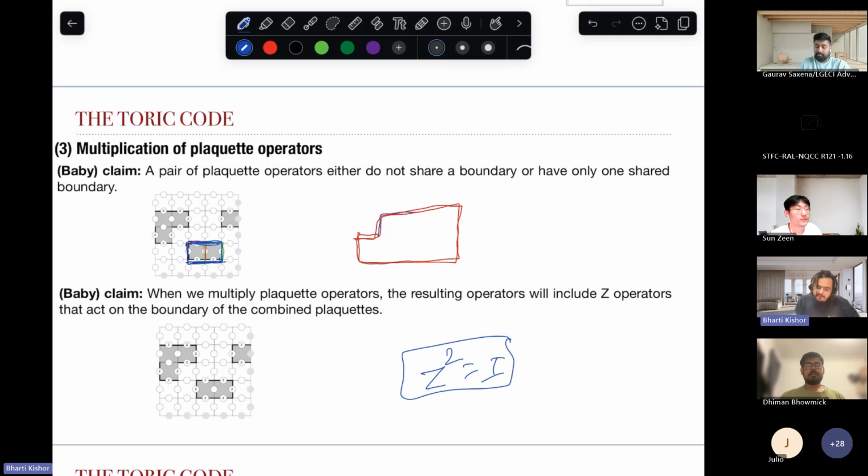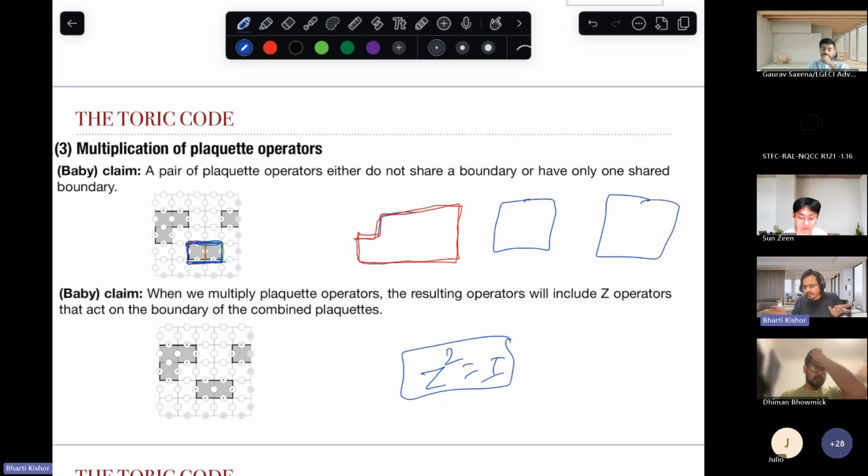And it could very much be possible that you have one plaquette operator like this and another plaquette operator like this, and when you multiply them, because nothing is in common, you just get the product of the two plaquette operators.